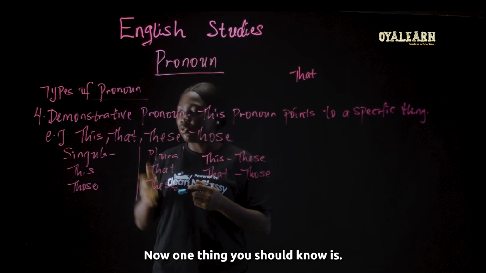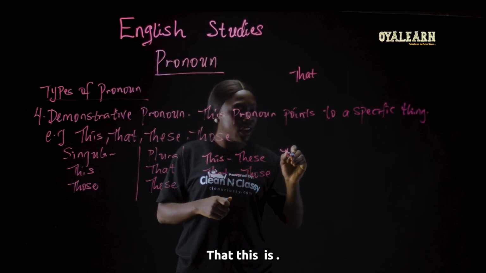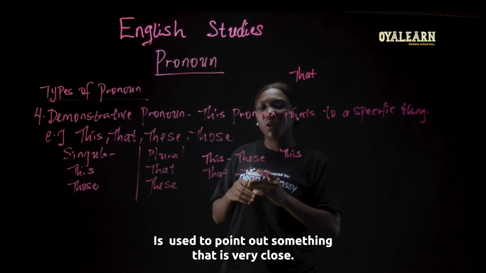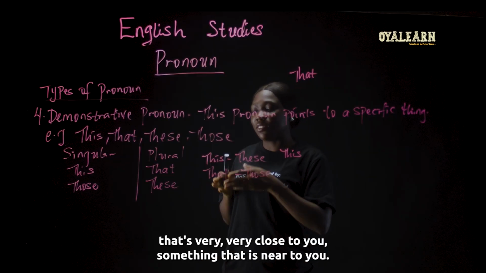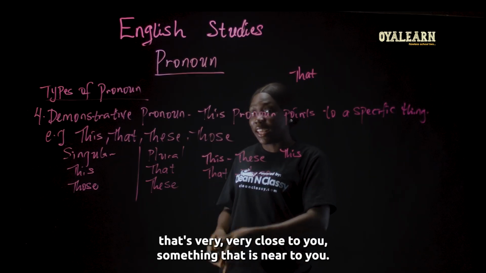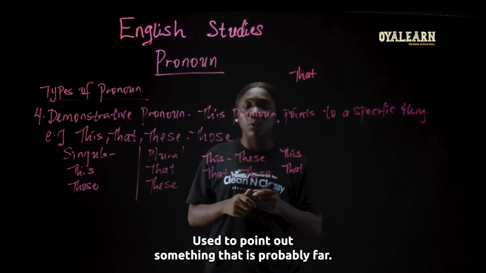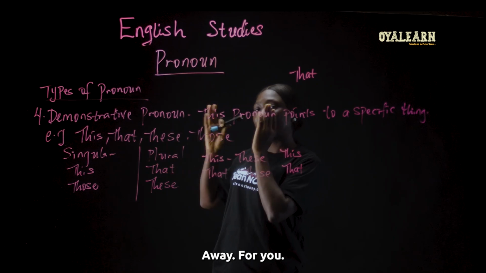Now, one thing you should know is that THIS is used to point out something that is very close to you. Something that is very, very close to you. Something that is near to you. While THAT is used to point out something that is probably far away from you.